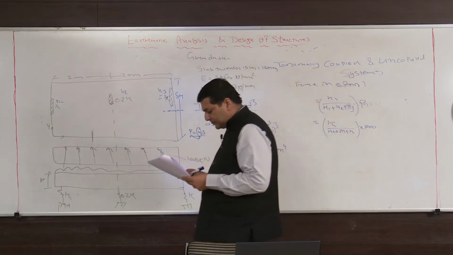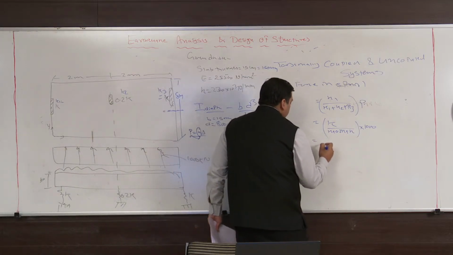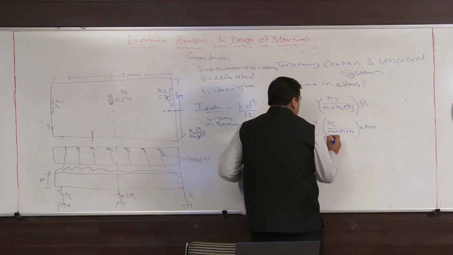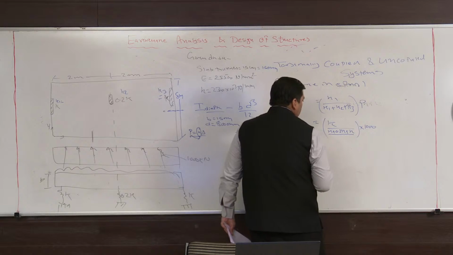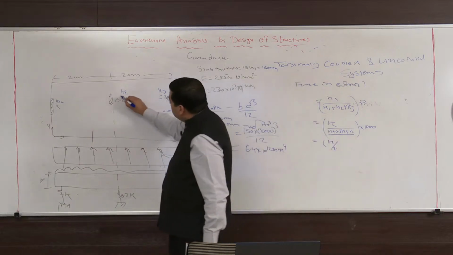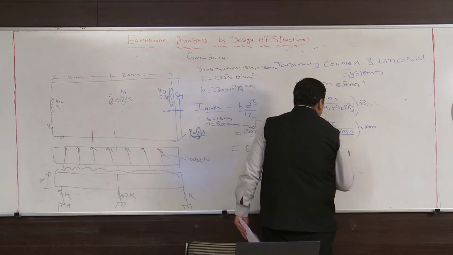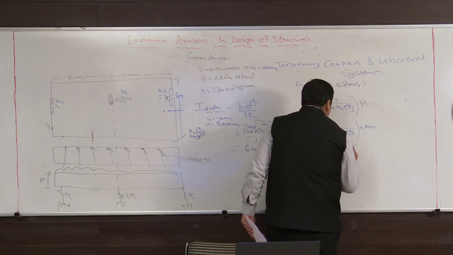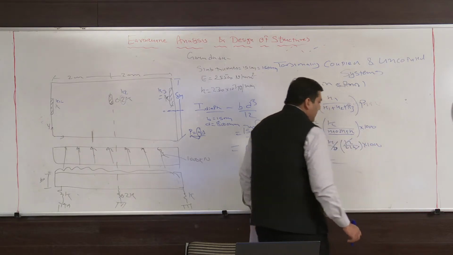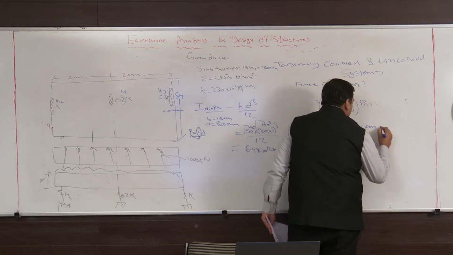Right or wrong? 400 kilonewton, sir. 400, 200 and 400 kilonewton. How much is the total? K upon 2.2 K into 1000. 1000 divided by 2.2 is 454.5 kilonewton.